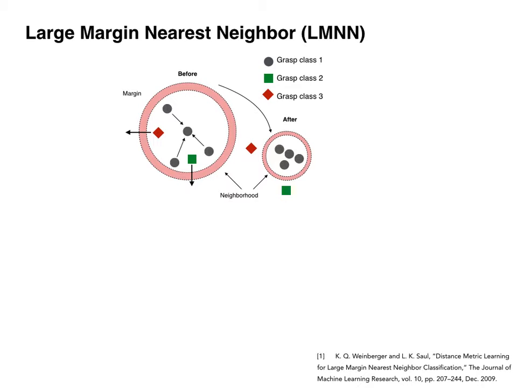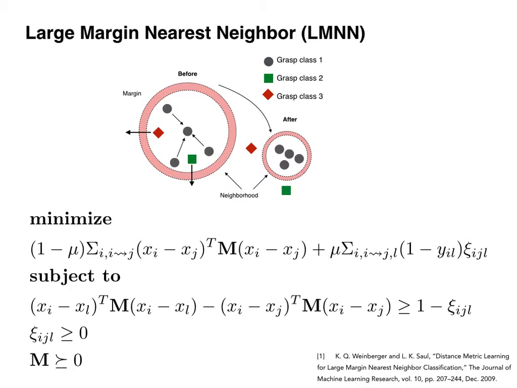In a way that's depicted here. And this can be formulated as a semi-definite program, where the first term here is the sum over the target neighborhood distances, and the second part is the violation of the margin of the imposters.